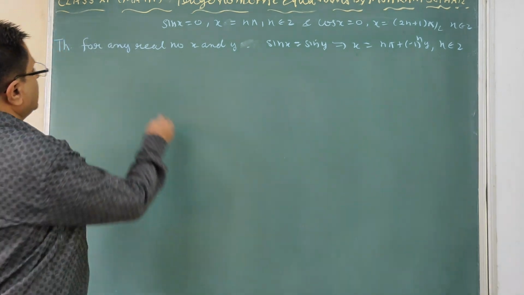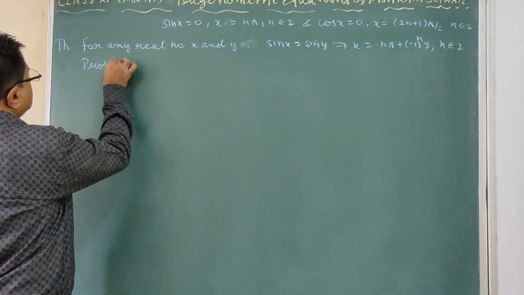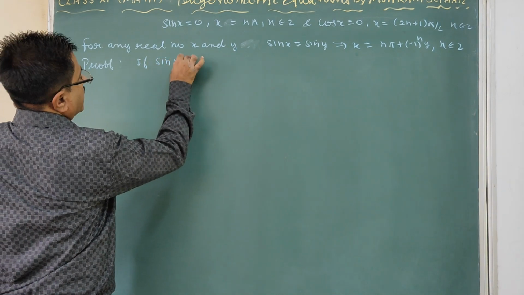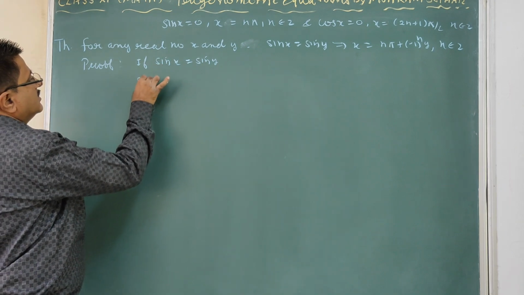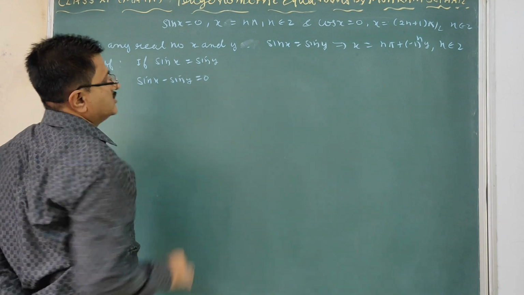Clear? So here is what we are given in the proof. If sin x equal to sin y, transfer to this side. Now sin x minus sin y equal to 0.